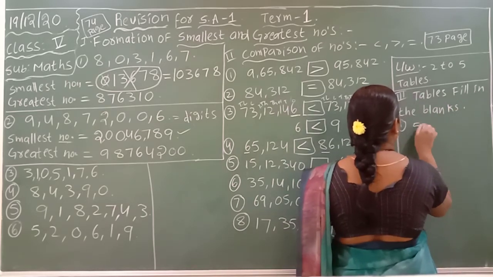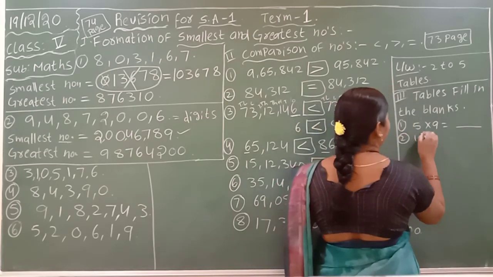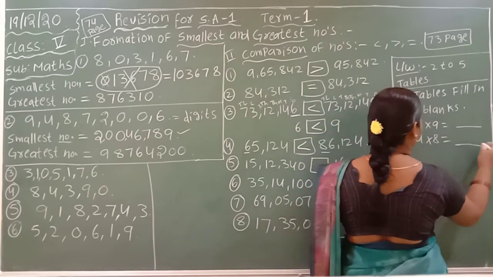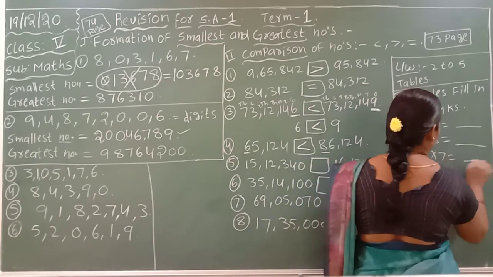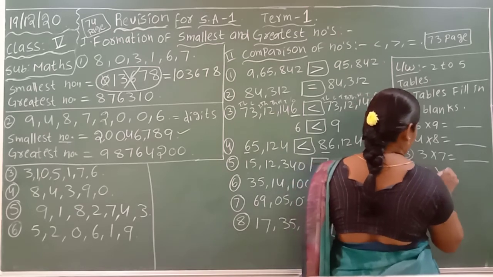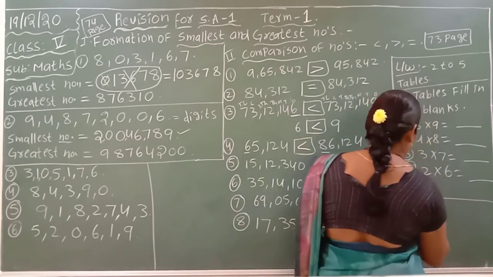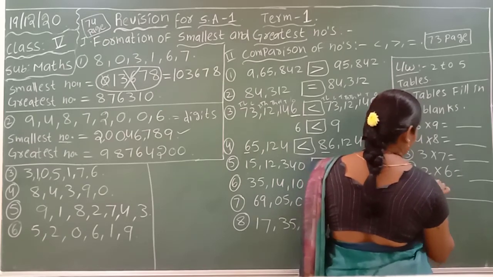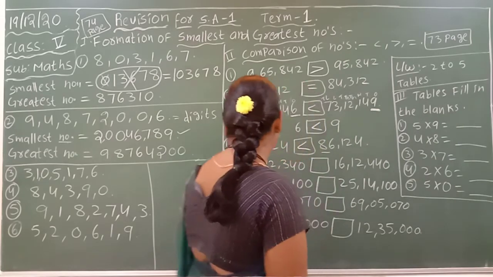Today I have given 5. I am not giving these same questions; I am just saying them as examples: 3 sevens, 2 sixes, 5 is 0, like this.